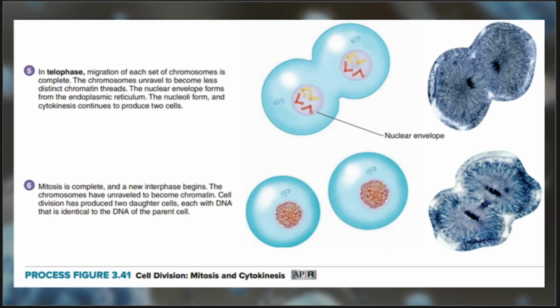In your metaphase, your chromosomes line up at the equator, or the equatorial plane. In anaphase, the sister chromatids are pulled apart toward the opposite poles of the cell. And in your telophase, the chromatids reach the poles, and the nuclear envelope forms around each set of chromosomes. Okay? So that's PMAT: prophase, metaphase, anaphase, and telophase.